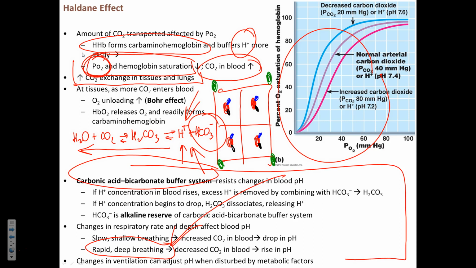Another thing about this buffer system, I'm going to finish with this one and we'll let you go. The respiratory system tries to compensate for metabolic changes. People who have metabolic acidosis, diabetics, okay?